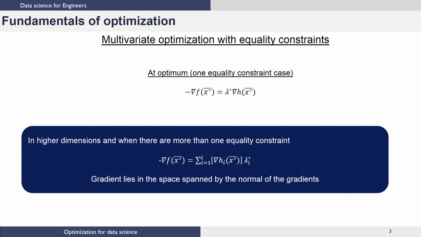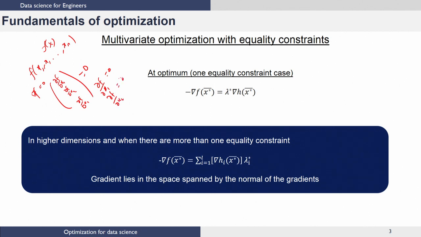If you take a multivariate function f of x, in the unconstrained version, let us assume that x is x1, x2 up to xn. We know that the optimum solution is grad f equals 0, which means dou f dou x1, dou f dou x2, all the way up to dou f dou xn equals 0. Expanding this further, I get equations dou f dou x1 equals 0, dou f dou x2 equals 0, up to dou f dou xn equals 0.